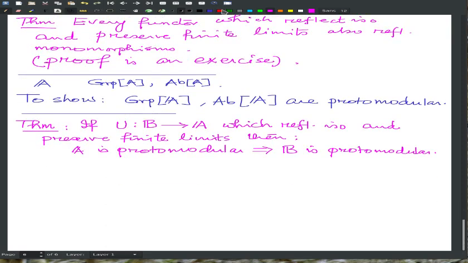So hence consider this. I know this has a left adjoint.